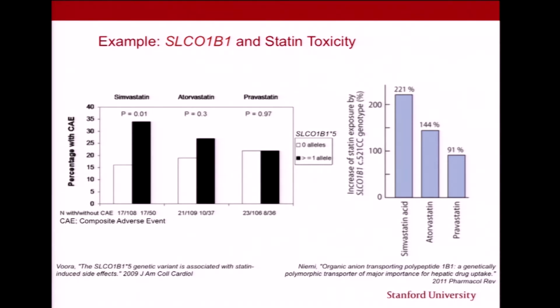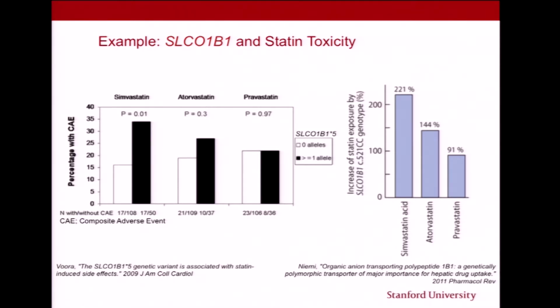And like we mentioned earlier, different statins have different properties. So you can see here this plot on the left. We have individuals with either 0 copies of the STAR5 haplotype or 1 or more copies. And as we showed on the previous slide, individuals with these alleles end up with higher circulating concentrations of simvastatin. And you can see that this bar plot shows the percent of patients taking this drug who end up with adverse events from taking the drug.